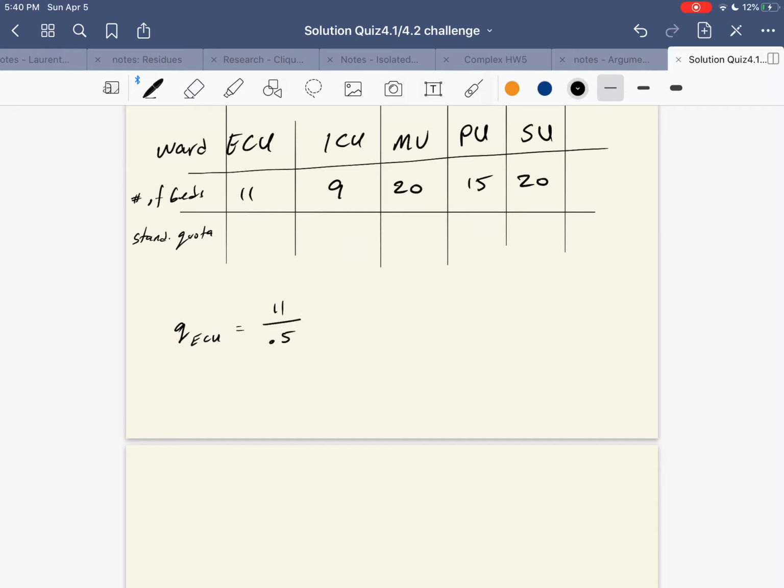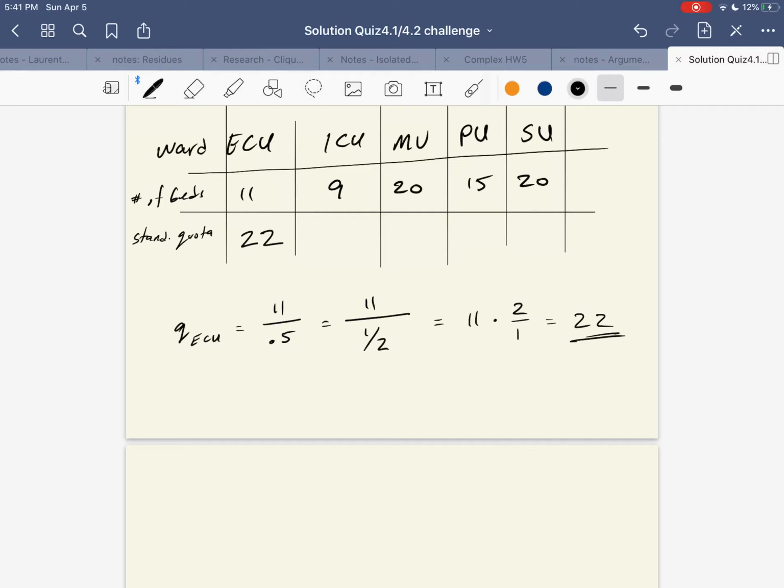Another way we can think about this is 11 divided by 1/2. If you remember the rules for dividing by fractions, you flip the denominator and multiply. So this is the same thing as 11 times 2 over 1, which is 22. Dividing by 1/2 is the same thing as multiplying by 2, and so ECU gets 22.